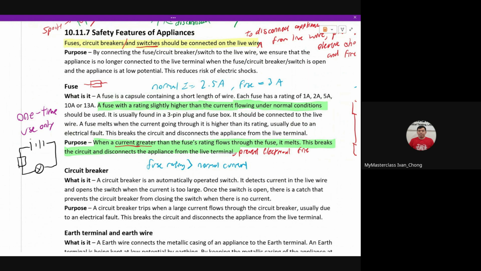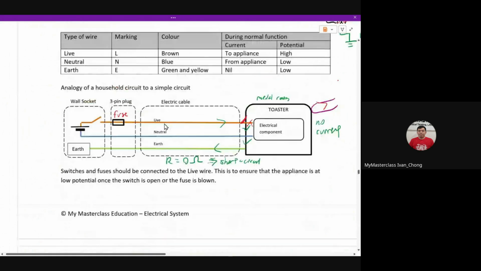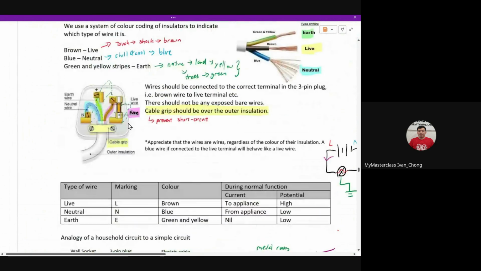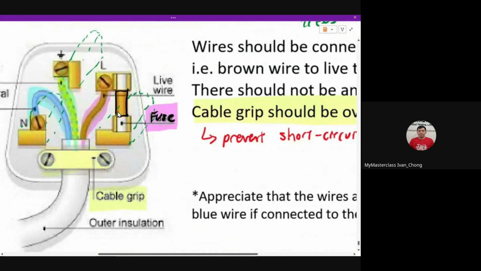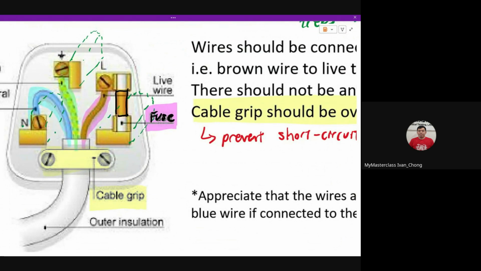You can see this is my live wire, and this is my neutral wire. Why? Because I contain the fuse. If you notice your 3-pin plug from just now, it also contains a fuse like this, with a rectangle and a line through it. So this thing here is your fuse. Inside here, there is a small little wire.